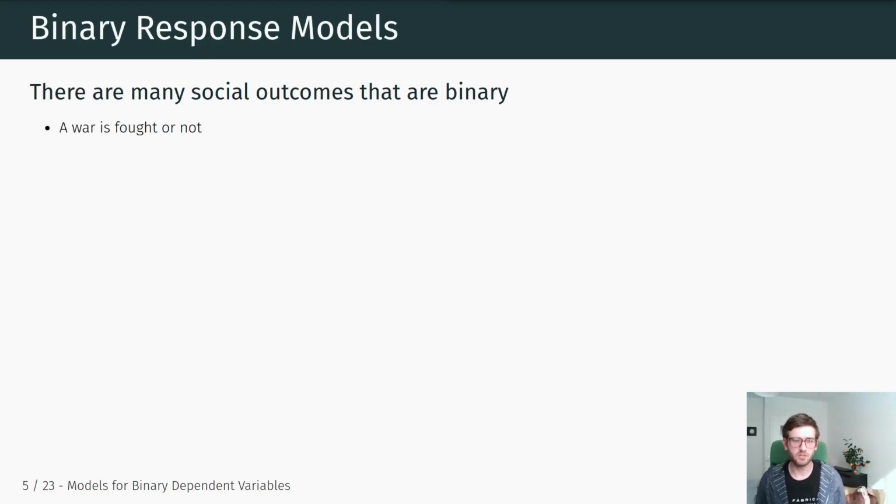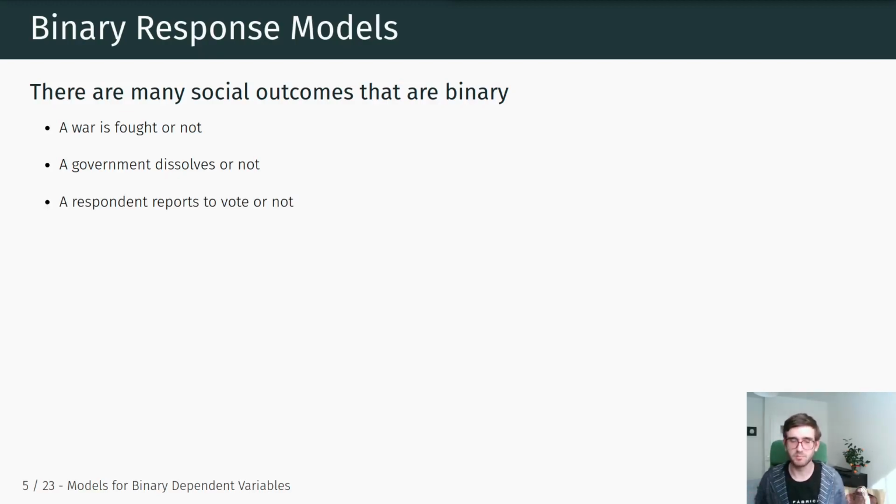We can think of outcomes like whether a war is fought or not, whether there is an onset of a civil war or some other type of ethnic conflict, for example, as a dichotomous outcome. If we're interested in comparative politics, we might be interested in when governments end or dissolve versus not, right? That could also be modeled as a dichotomous or binary outcome.